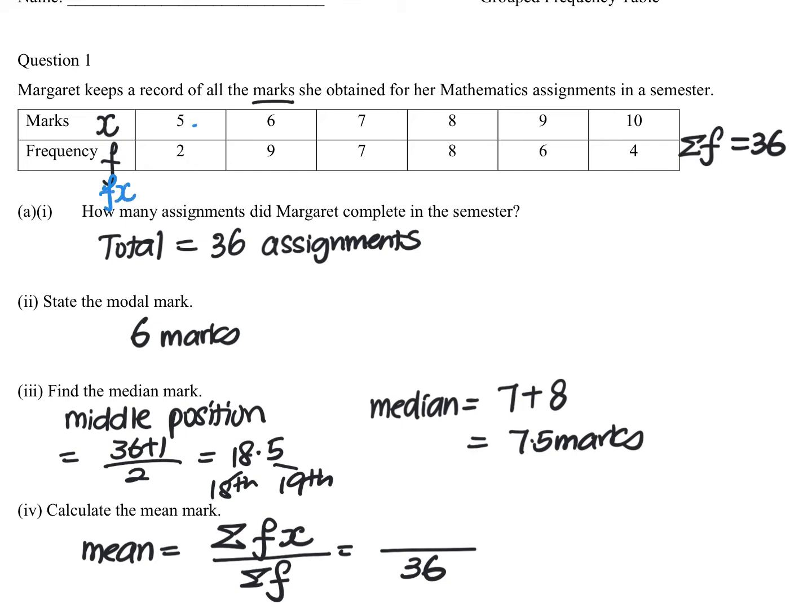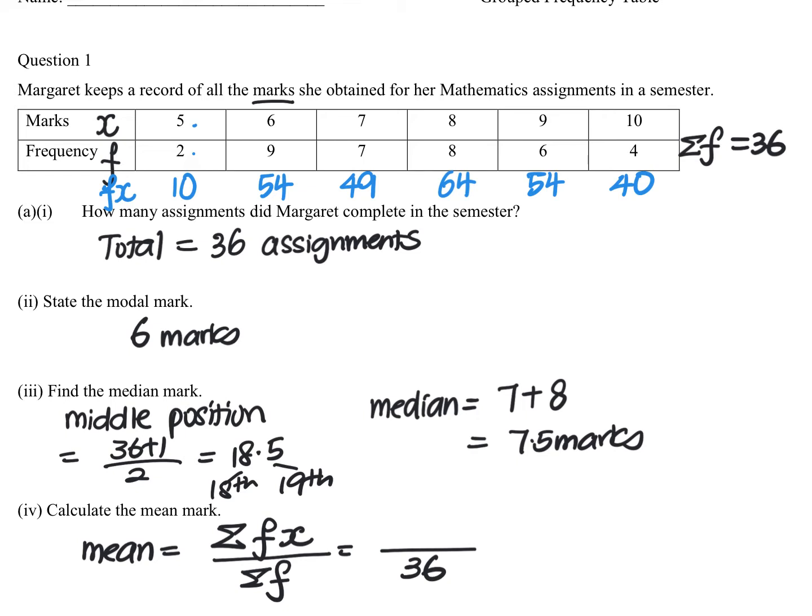So 5 appears 2 times, 5 times 2 gives a score of 10. 6 times 9 gives 54. 7 times 7 is 49. Then 64, 54, 40. So this is all my f times x.